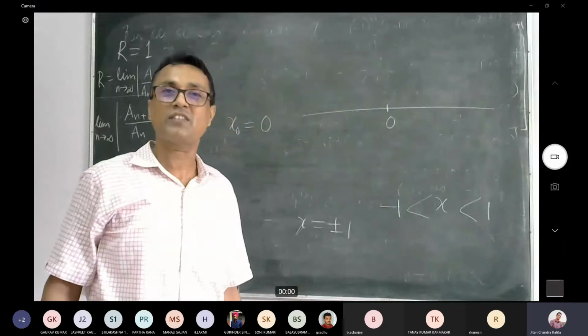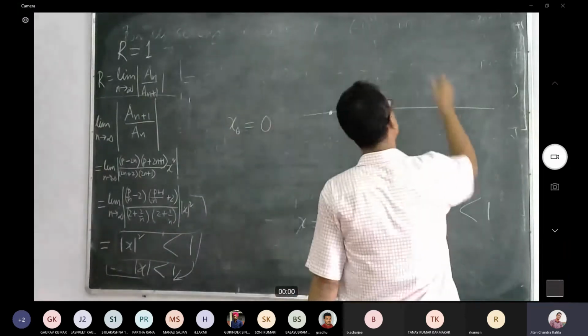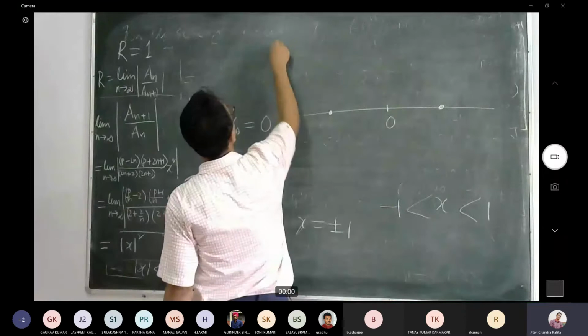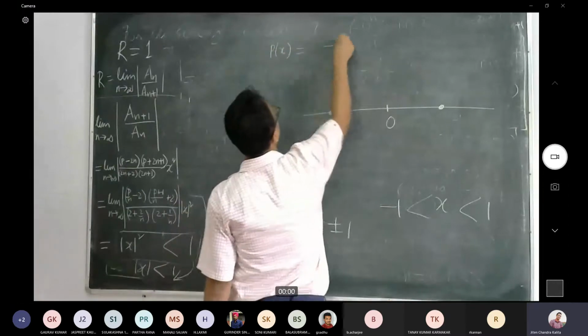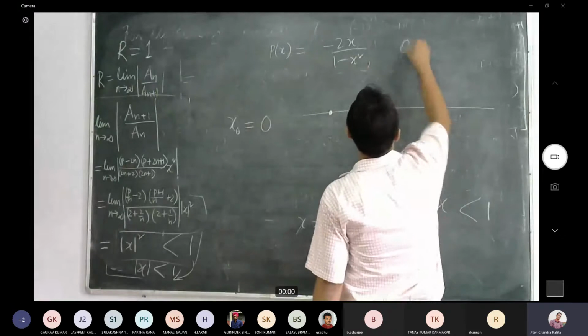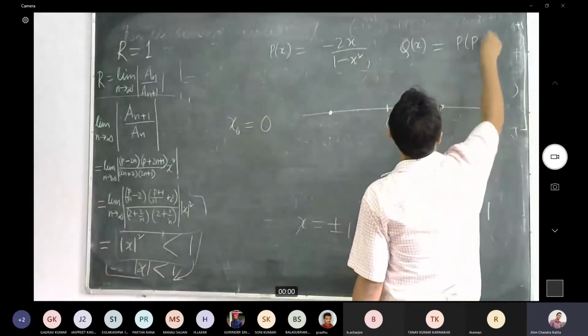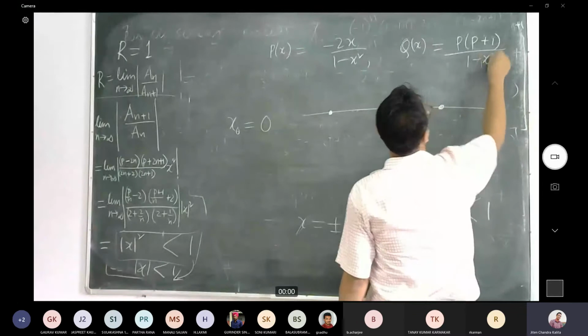both the power series about x equal to 0. At the very beginning I found that p(x) equals minus 2x over 1 minus x squared, and q(x) was p times p plus 1 over 1 minus x squared.